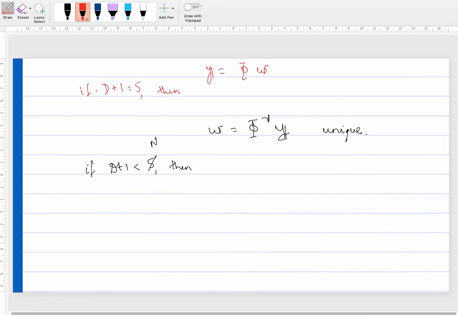Okay, so now coming back here, if d plus 1 is less than capital N, the number of equations, then I cannot have a unique solution, but what I can try to minimize is the error, like t minus phi w. Can I minimize this?